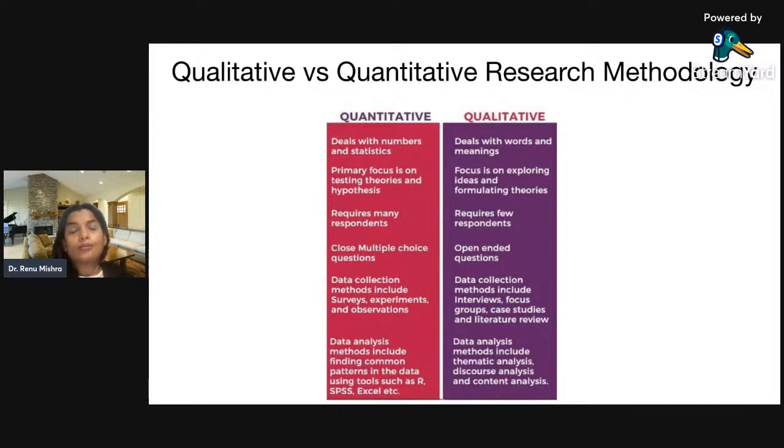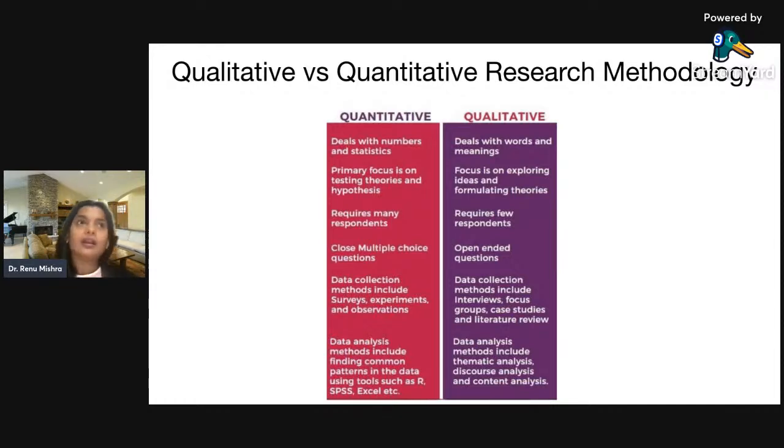So it's very clear that I want to explore whether there is any influence or what kind of influence AI is having in higher education. So I need to take the understanding and the opinion of faculties. My data will be qualitative in nature.